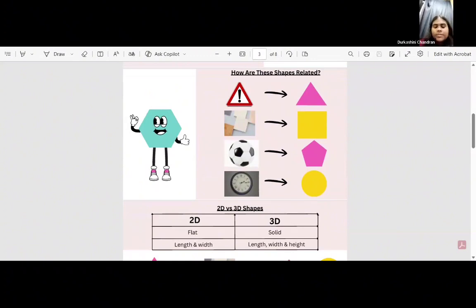It's a 2D and it has straight lines. Okay, that's right. You are almost there. Some of these shapes are flat and some may look different in form. But today we are going to focus on the flat shapes first.